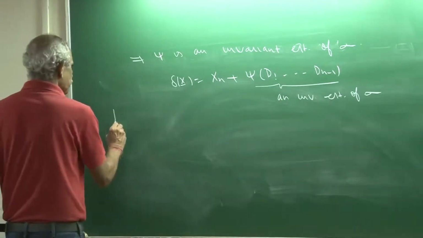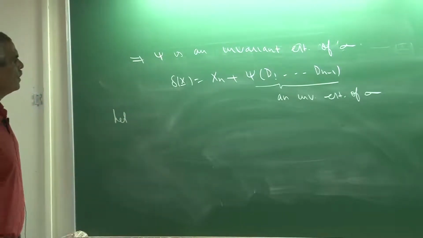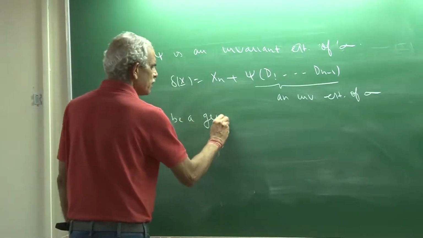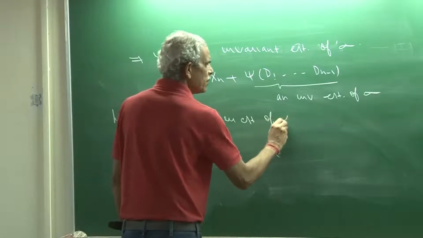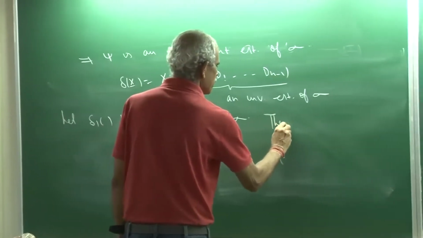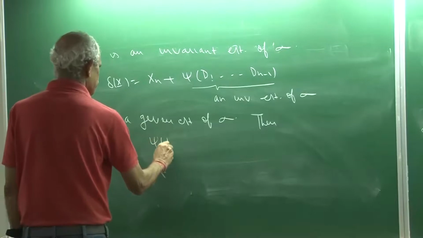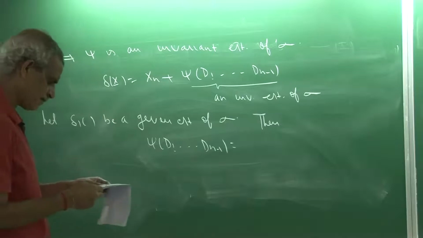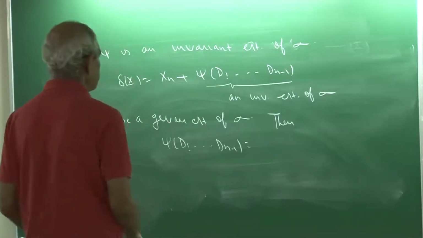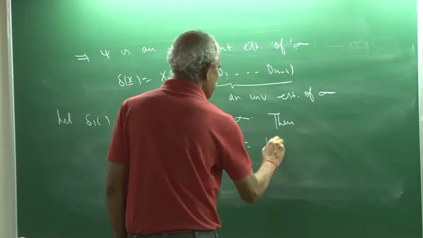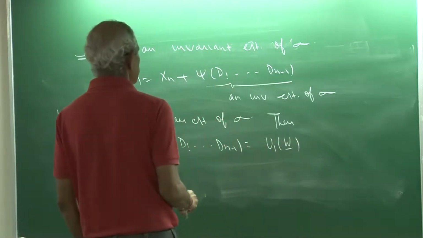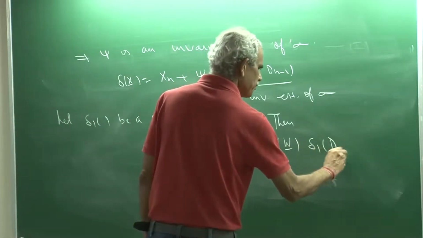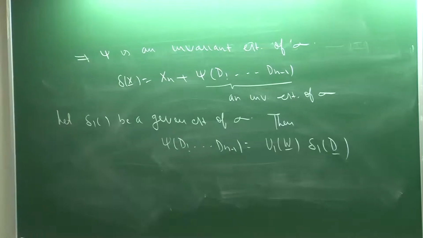So let delta 1 be a given estimator of sigma, then psi of d1, d2, dn minus 1 can always be written as some function of w, from your estimation of sigma, multiplied by delta 1 of d.